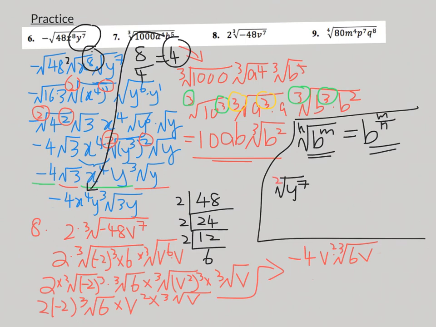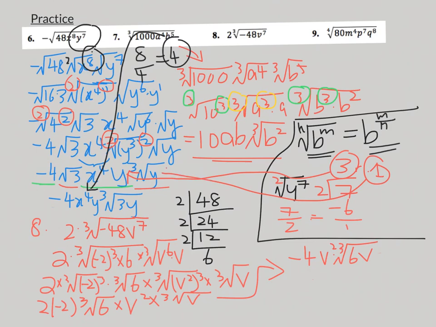So again, you can look at it as 7 over 2. If you divide 7 by 2, you get 3, and then remainder 1. So the 3 is the exponent of the y that is outside the radical, and the 1 is the exponent of the y in the radicand.